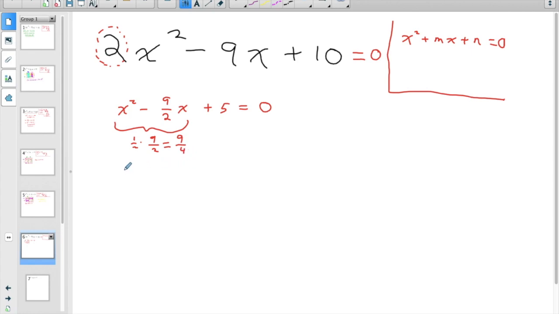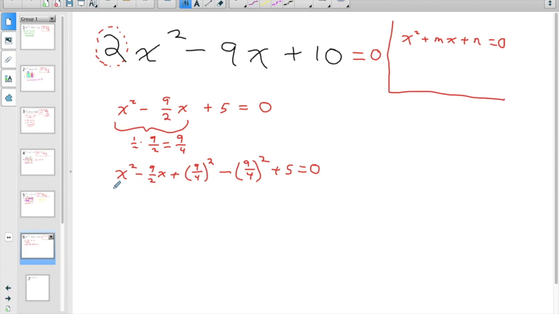So we're going to take this 9/4: x squared minus 9 halves x plus 9/4 squared. And so we don't change the question at all, we're also going to subtract 9/4 squared plus 5, and that's going to give us 0.